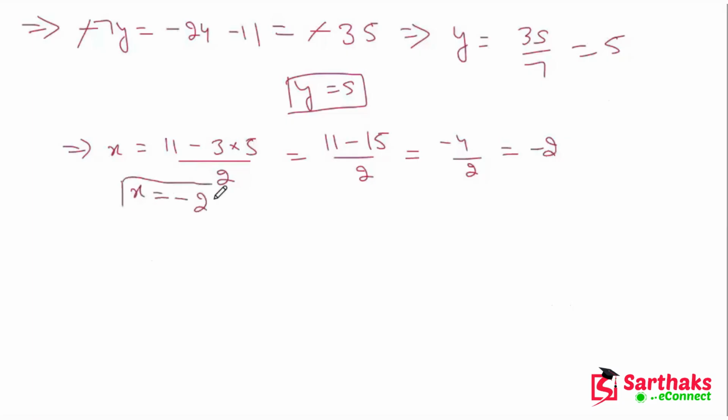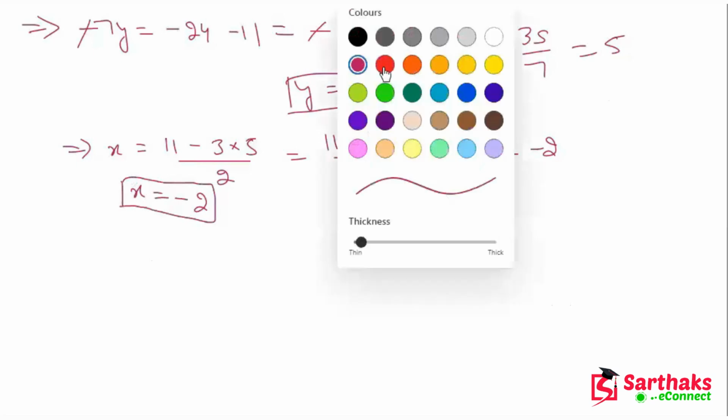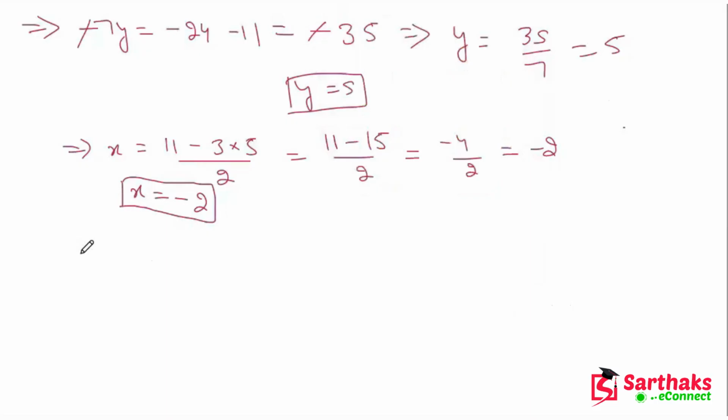Now we have the value of x and y, and we have the equation y is equal to mx plus 3. So by x and y, 5 is equal to m into x. x is what? x is minus 2, plus 3.